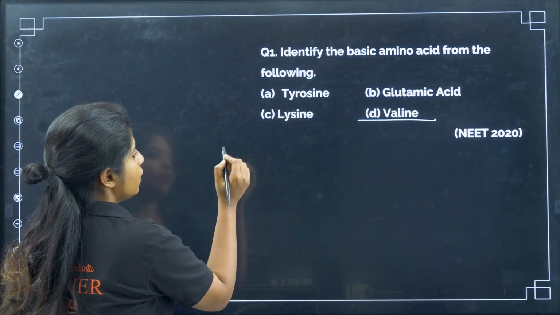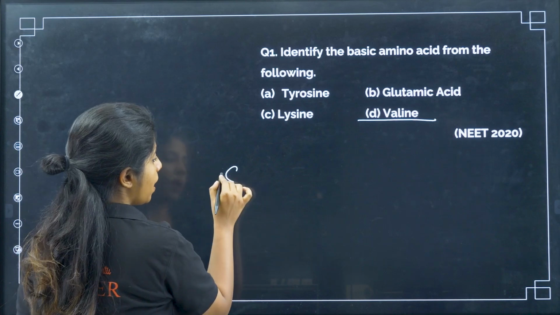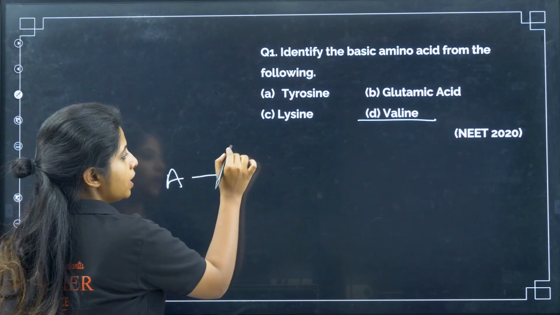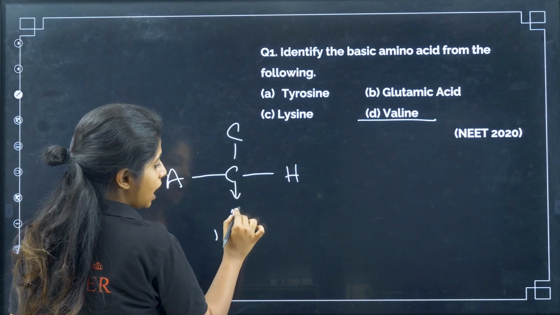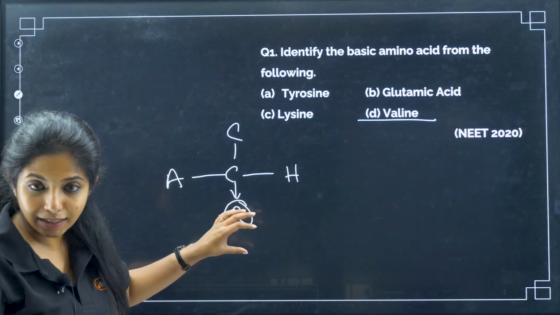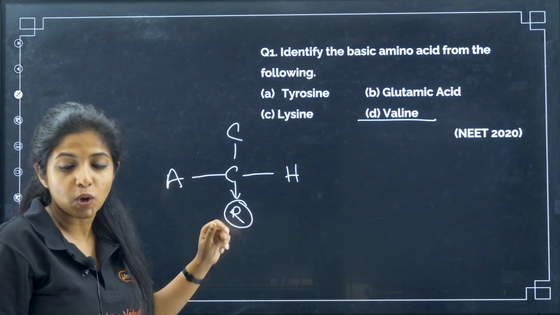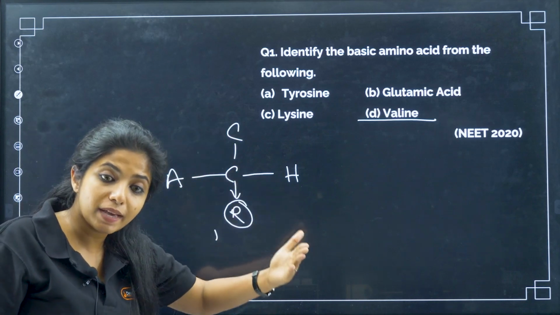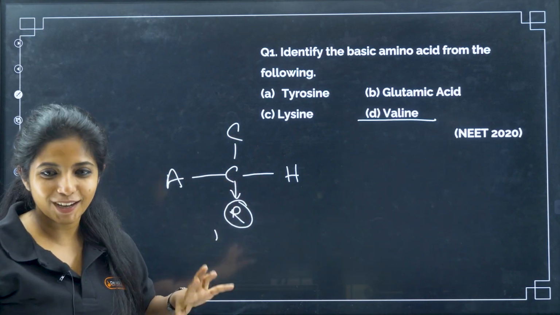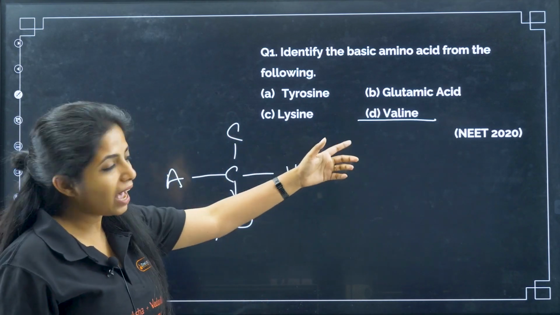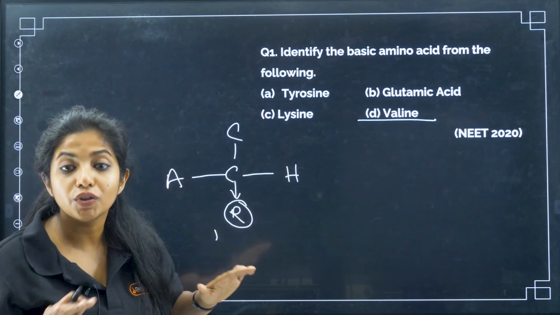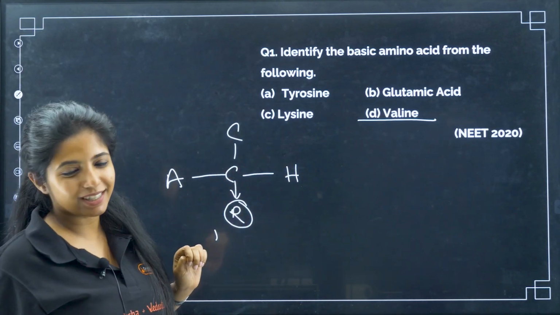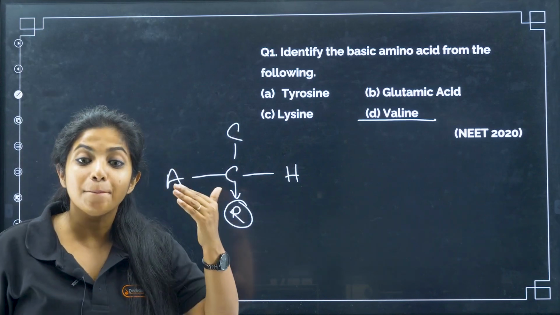An amino acid will be having an amino group, a carboxyl group, an H, and an R group right over here. And this R group decides whether this amino acid would be basic or acidic or basically neutral. So valine structure, if you see, you understand that it would be what? Neutral.